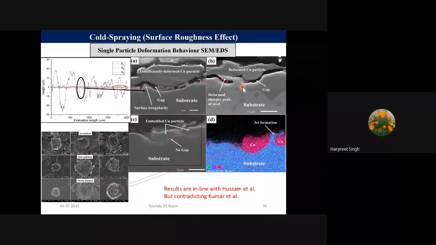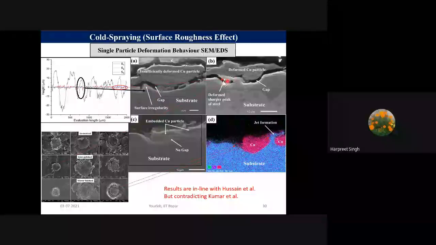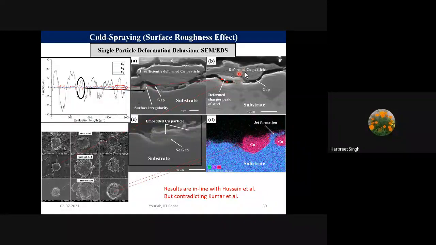Similar was the case here, which is even worse than this. In the second case there was no better adhesion. These sharper peaks deformed, but still they are not allowing the copper particles to merge with the substrate.